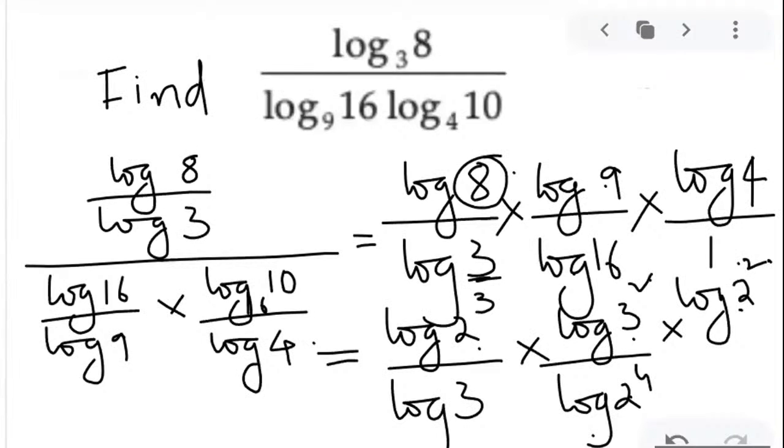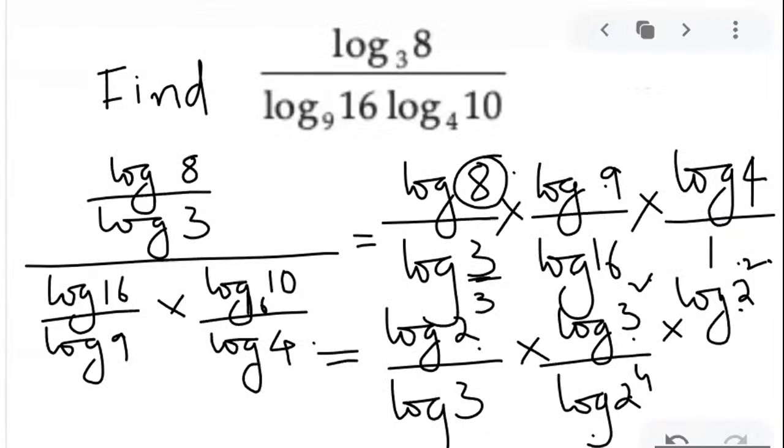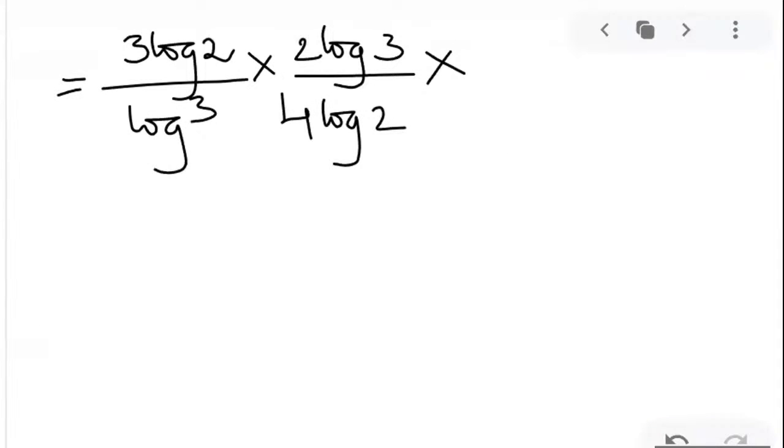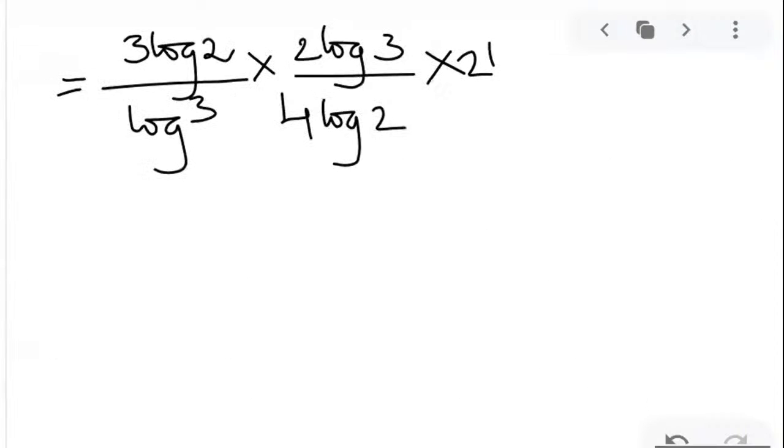Log 2 power 4 will become 4 into log 2. Log 2 square will become, Nida, what will log 2 square become? Log 2 power 2. 2 log 2. Okay. Thank you, Mamata. This is 2 log 2.